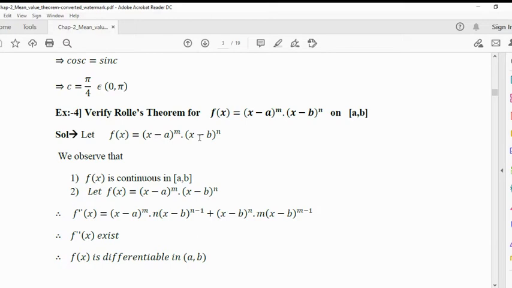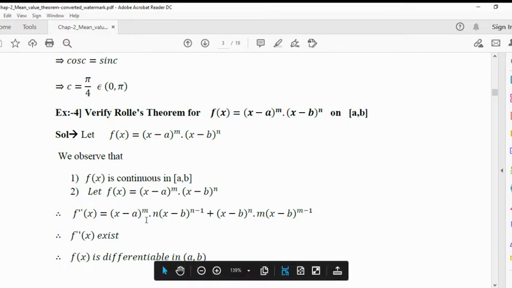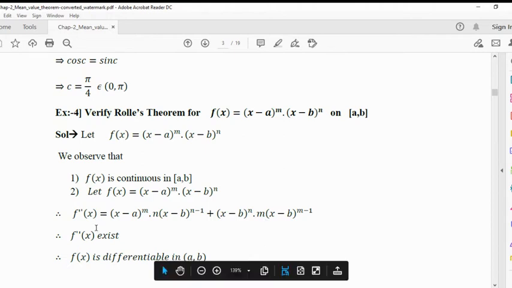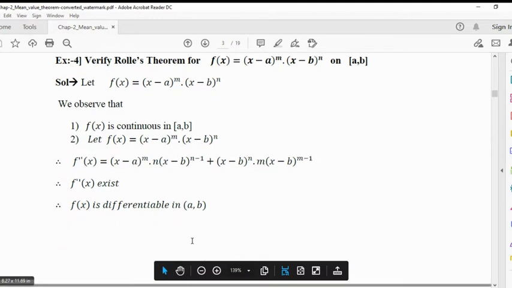This is our u and this is our v. So u into derivative of v: (x minus a) raised to m into n into (x minus b) raised to n minus 1, plus v into derivative of u, that is m into (x minus a) raised to m minus 1. So f'(x) exists. So f of x is differentiable on the open interval ab.